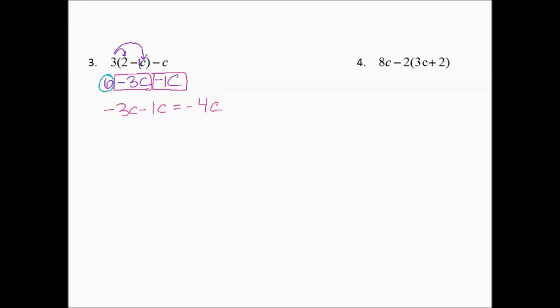And then I just have my 6. So when I combine them together, I have negative 4c plus 6. Again, I check to make sure that I have no more like terms, and I do not. I just have my c term and my constant term, and I am done simplifying.